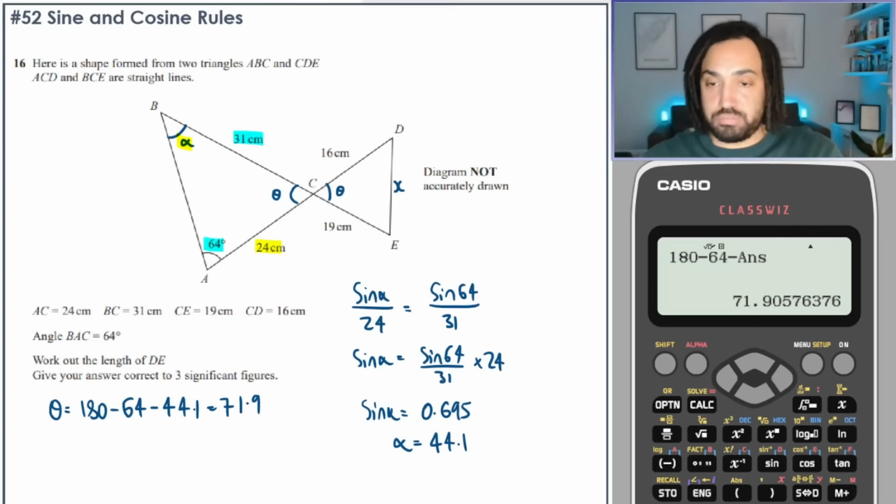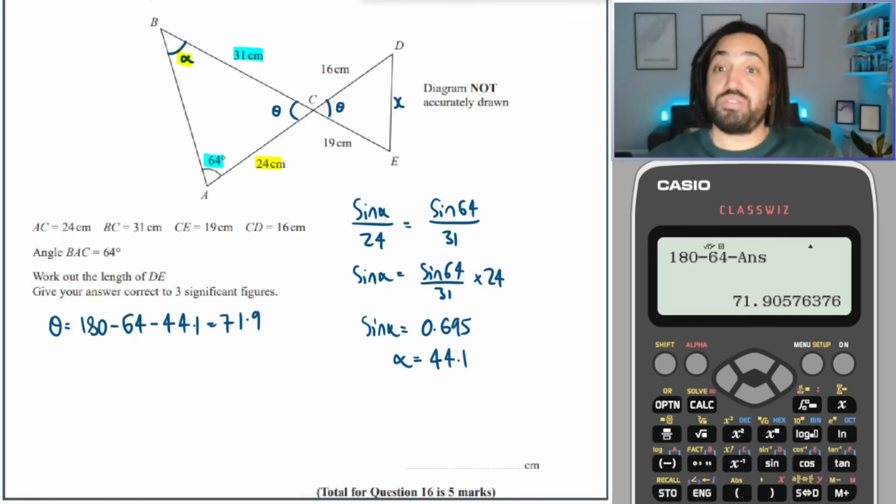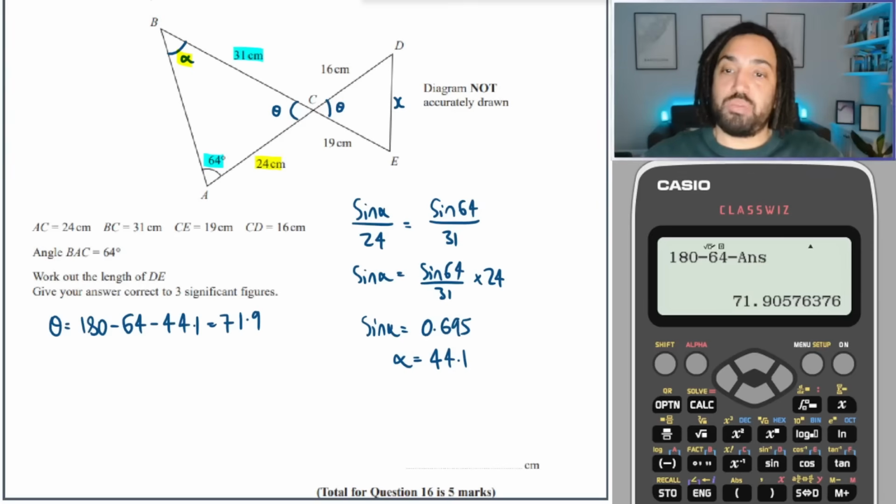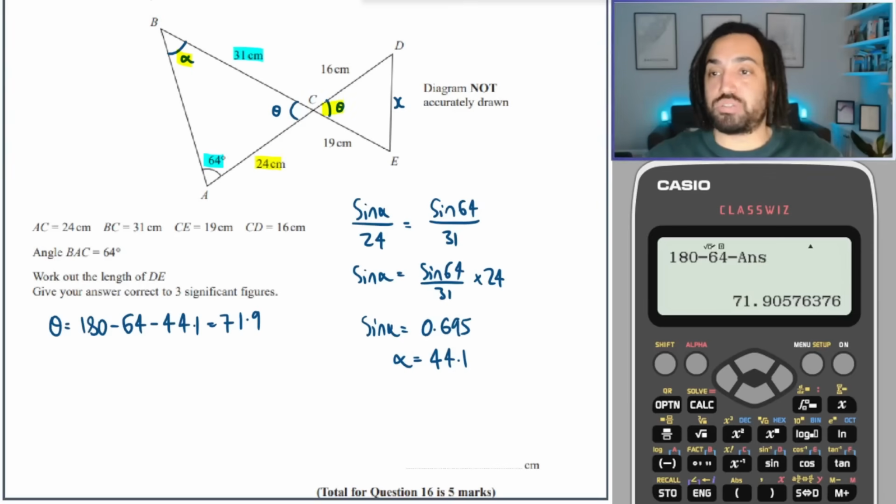Okay, and that is the same as that theta because of vertically opposite angles. So now we can use the cosine rule to work out x. I know it's the cosine rule because there's only one angle in that triangle, and we have two of the sides and we're trying to work out a third. So it's definitely the cosine rule.